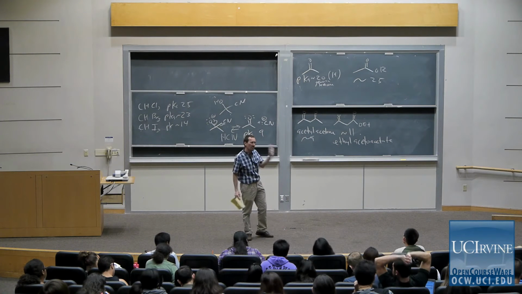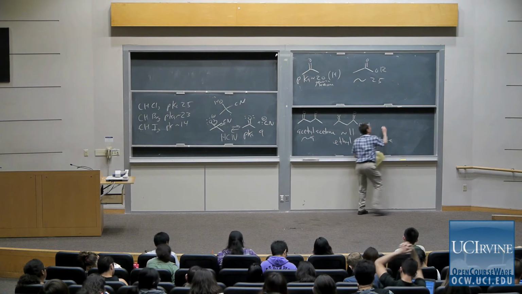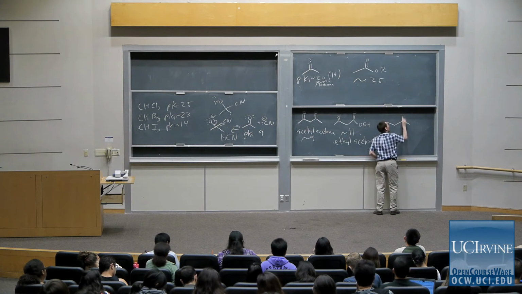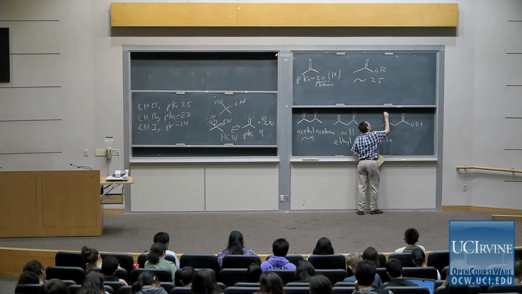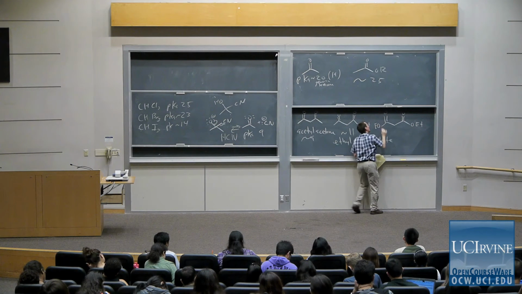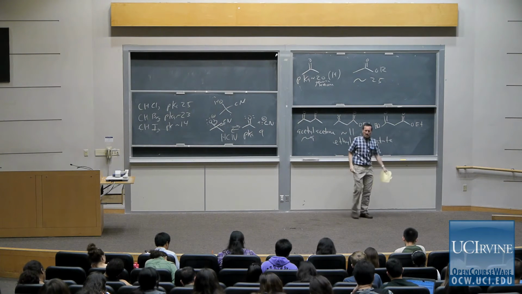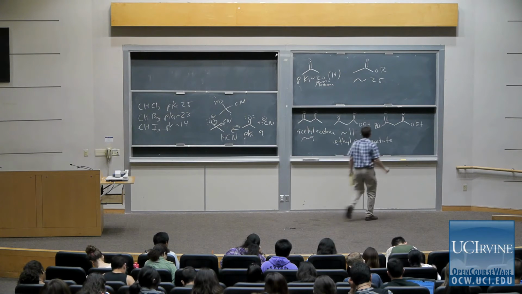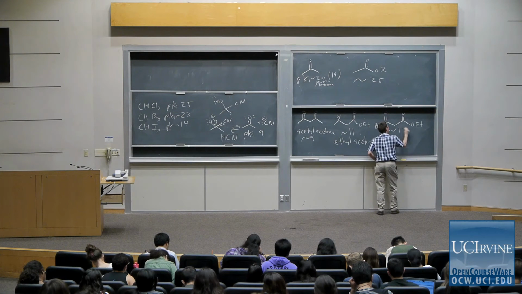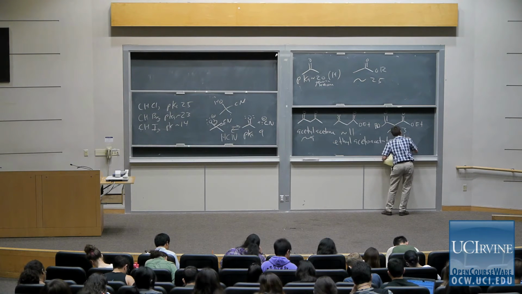And I'll give you an even more common name in just a moment. All right. Two ester groups, even yet a little bit less acidic. Now we're talking about a pKa of about 13. This is called diethylmalonate.